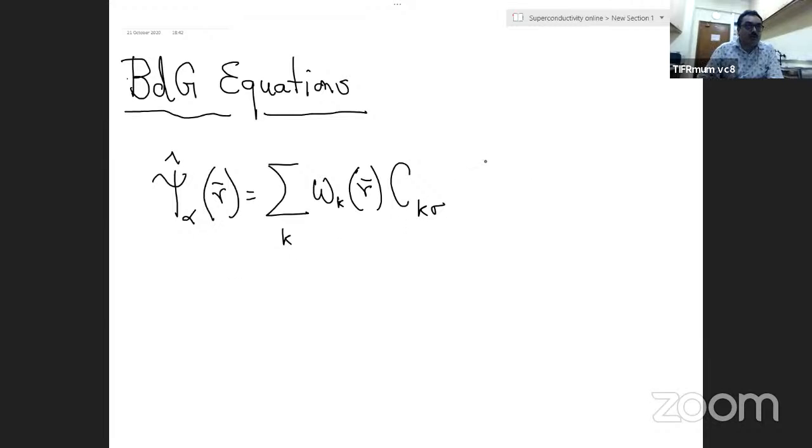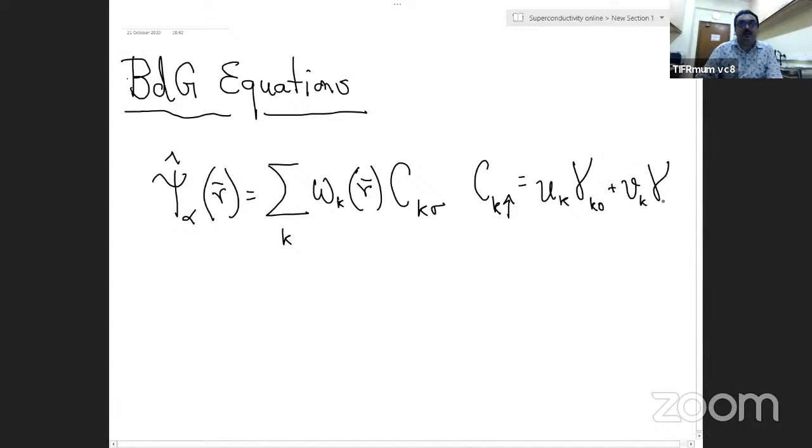Now I know that Ck up, let me just bother about Ck up here first, is Uk gamma k0 plus Vk gamma k1 dagger.